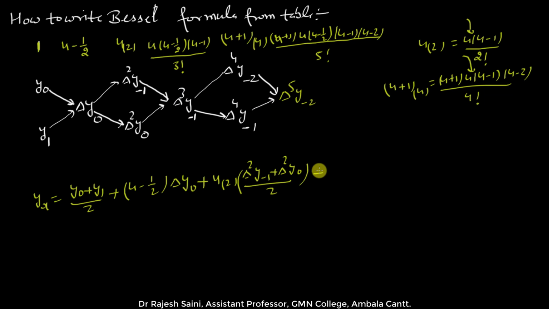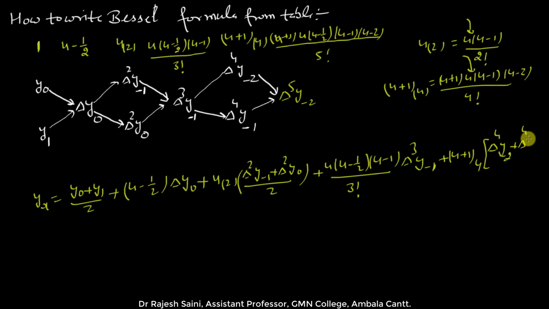And this will be u minus 1 by 2, u, u minus 1 by 3 factorial, this will be delta cube y minus 1, plus u plus 1 4, and it will be the mean of delta 4 y minus 2 plus delta 4 y minus 1 by 2, and so on.